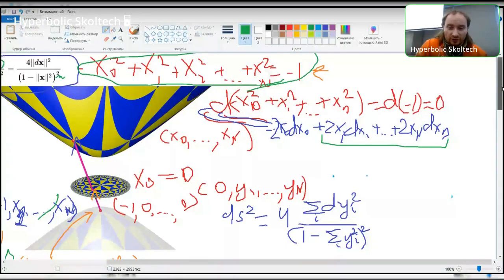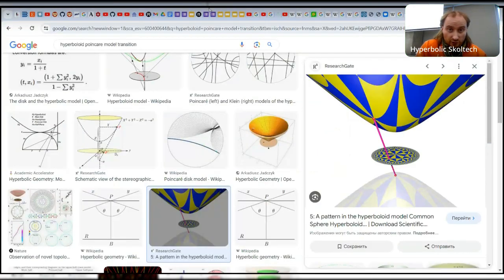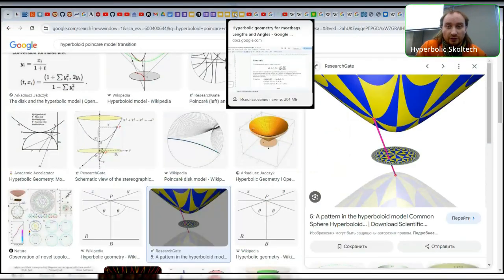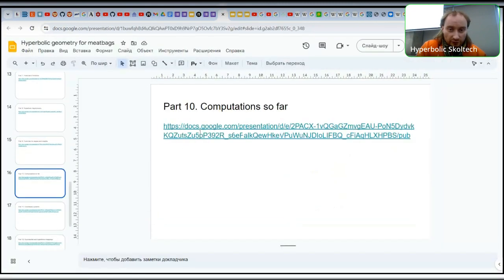So this is how tangents are computed, and let me switch the screen. So actually, this is like a Minkowski metric for the Einstein model of relativity. So now let's continue with today's topics.